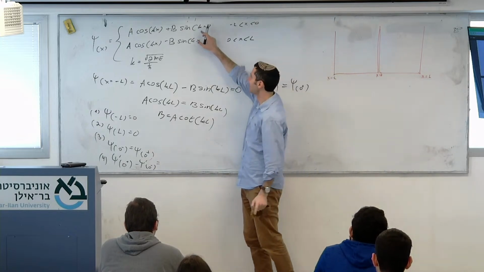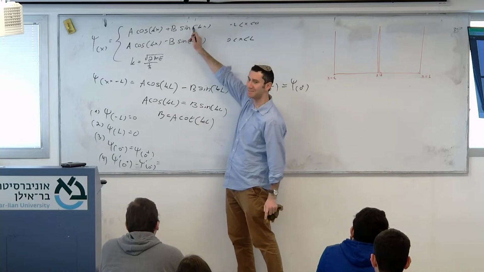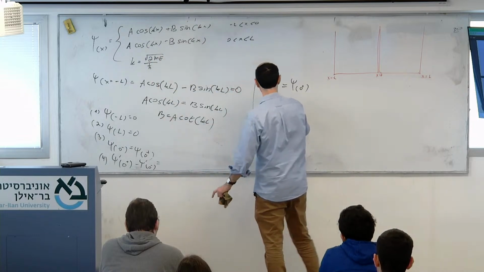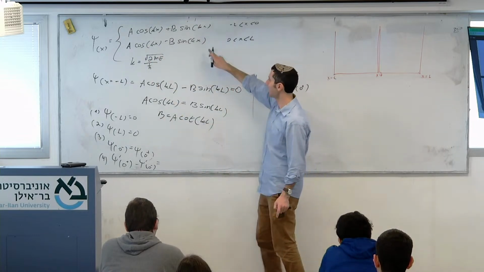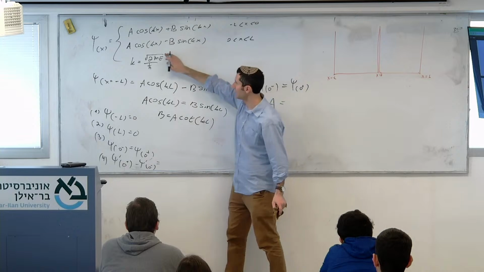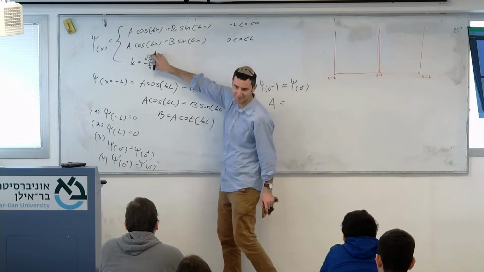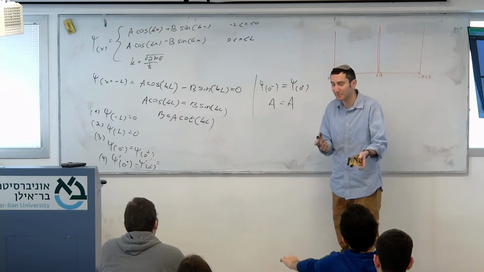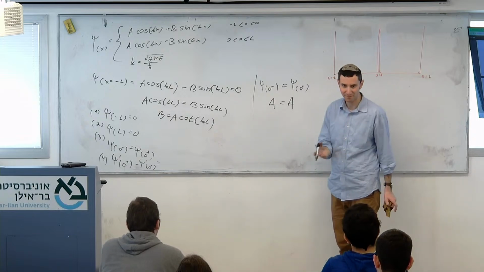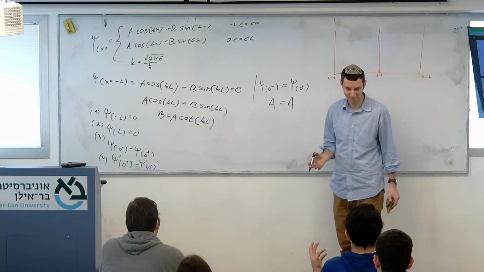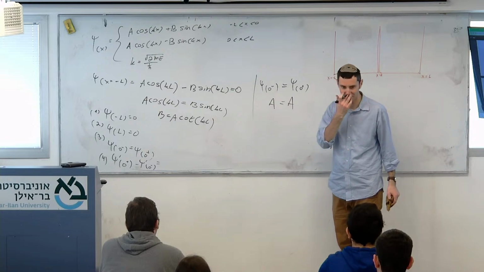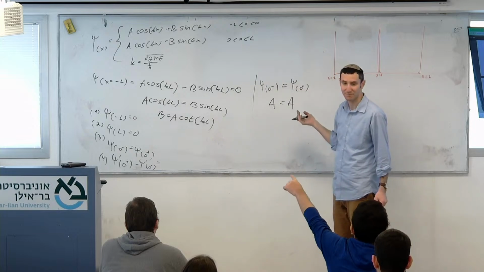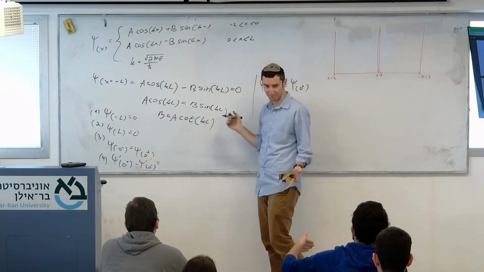Sine of 0 is 0, and here I have 1, A. On the right-hand side sine of 0 is 0, and here I have A. So it doesn't add any information, because I already used it through the parity. When you use the parity, you get rid of two variables, and that's it. Conditions 2 and 3, you just solve 1. Wait, you have 3. Exactly.